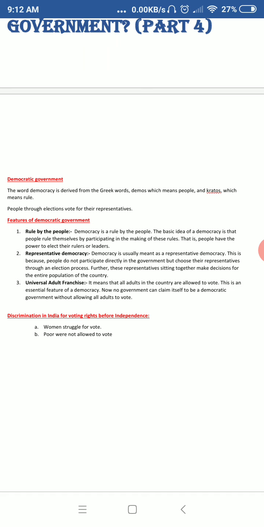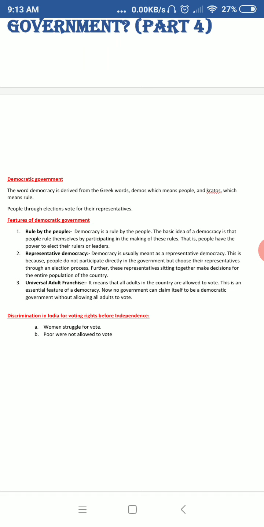Whomsoever is above 18 has the right to vote in a democratic government. And there should not be any discrimination. Discrimination means inequality amongst the voting rights, right? Whether it is a woman, whether it is a poor or illiterate person, everyone should get proper voting rights, right?